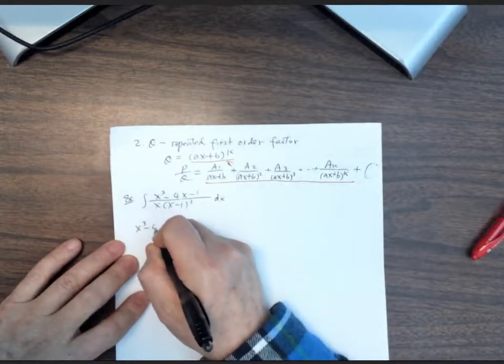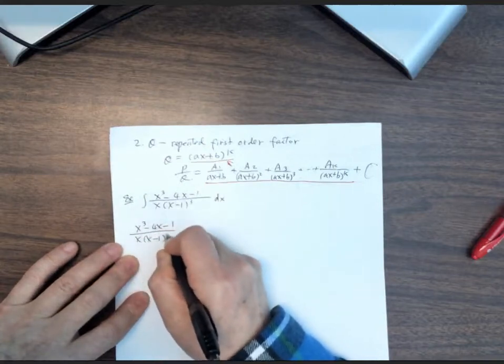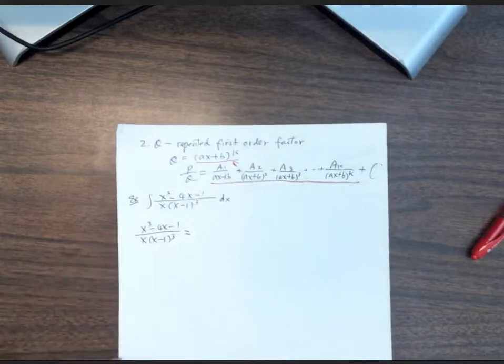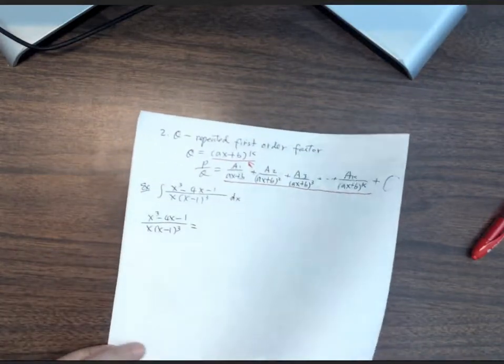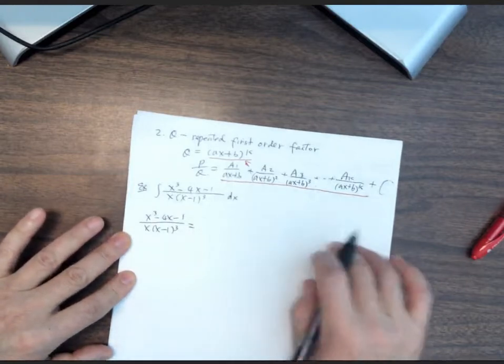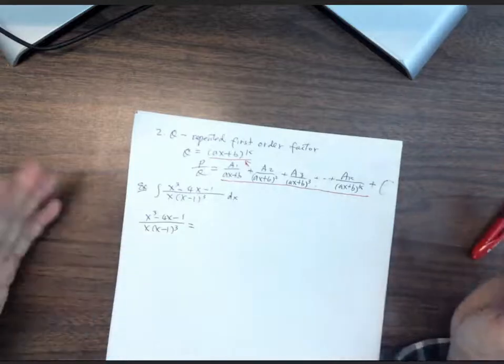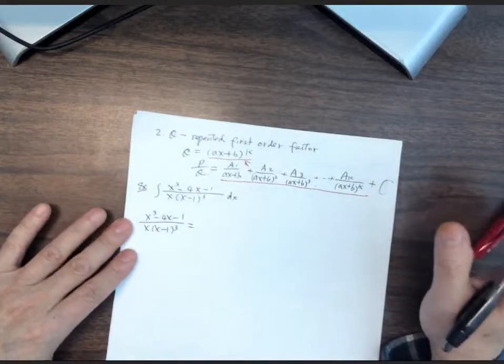X to the third power minus 4x minus 1, x minus 1 to the third power. Alright, the most important thing is to come up with the correct decomposition on this side. Once we have that, it's all algebra, sometimes complicated.